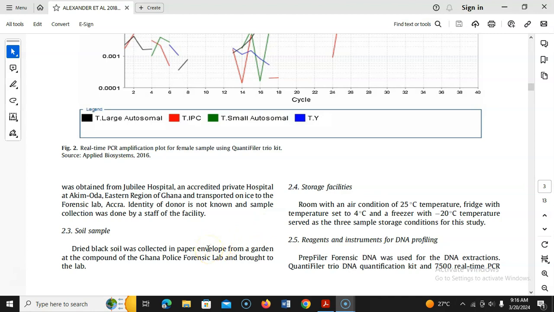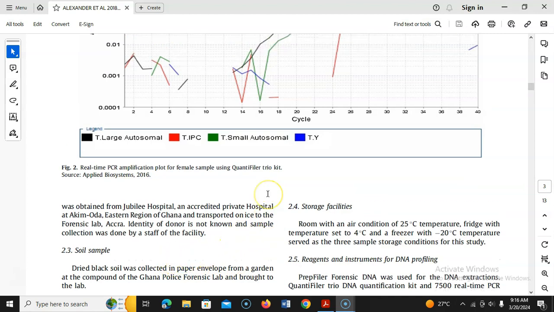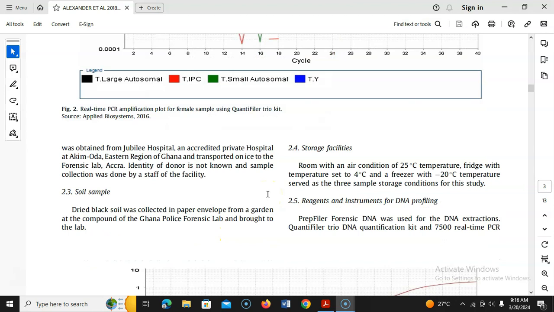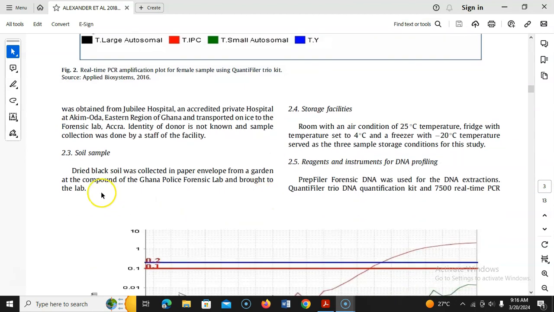Identity of donor is not known, and sample collection was done by a staff of the facility. Soil sample: dry black soil was collected in paper envelope from a garden at the compound of the Ghana Police Forensic Lab and brought to the lab.